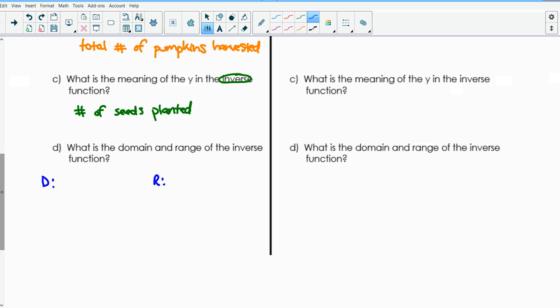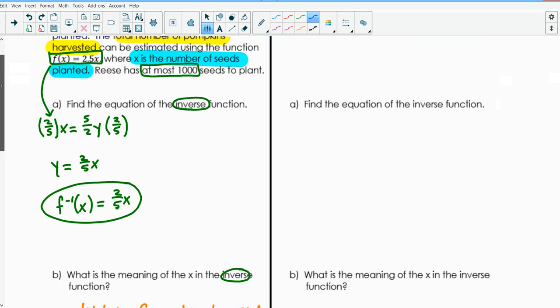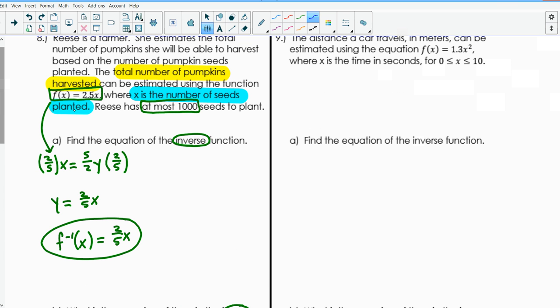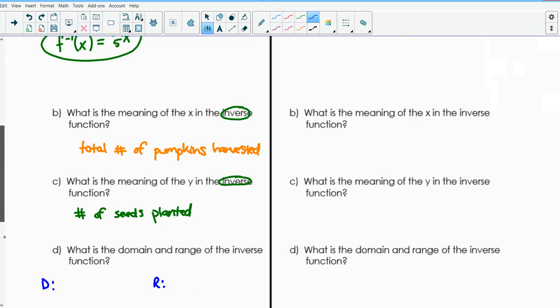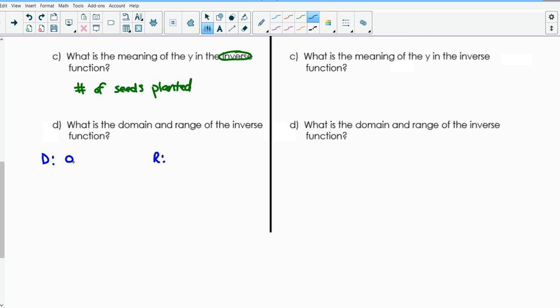So if I look at my original function, domain was talking about the number of seeds planted. And then it says Reese has at most 1,000 seeds to plant. So that means that Reese could plant anywhere from 0 seeds up to 1,000 seeds. So the domain would be 0 up to 1,000 seeds. And she could plant 0, she could plant 1,000, so brackets around both.